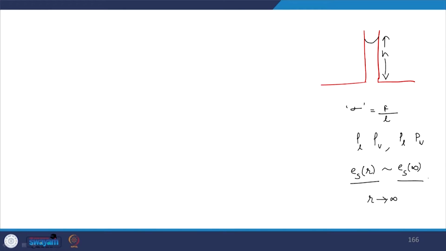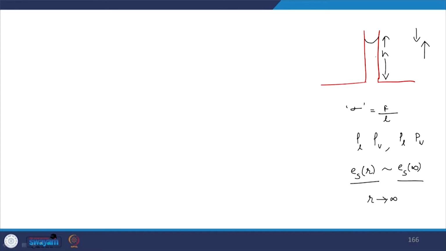Now, to be able to do that, we want to find out the height up to which the water will rise to balance the forces of, let us say, gravity and the pressure gradient. So, this height will tell us how we can achieve this objective, right.